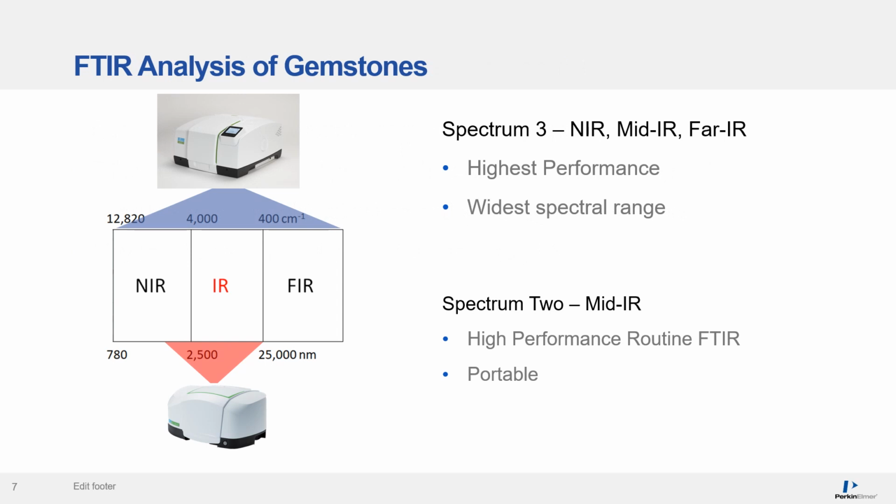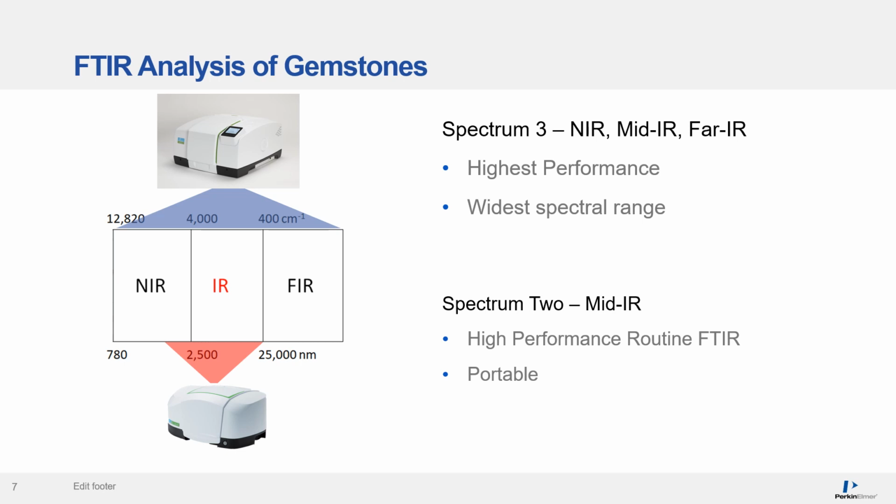I will start by detailing the measurements of gemstones using FTIR instrumentation. As I mentioned previously, the IR spectral range covers the near, mid, and far infrared regions. Each of these regions can provide useful information on the gemstone. The PerkinElmer product line consists of the Spectrum 3 and the Spectrum 2.